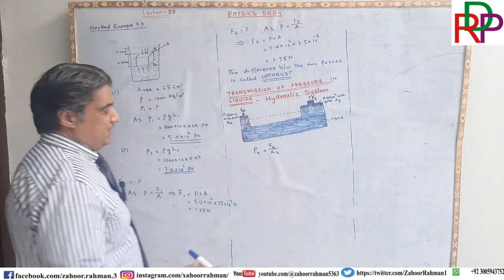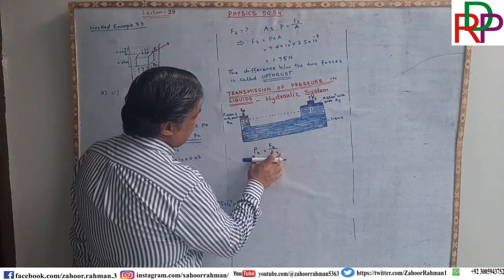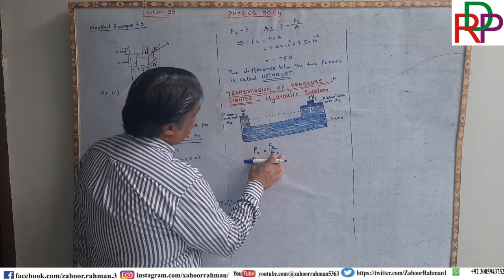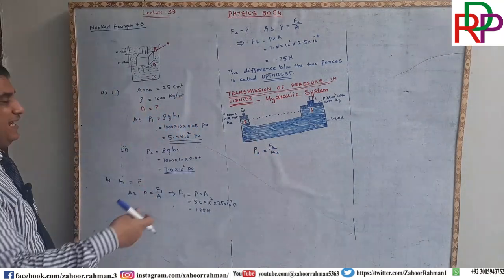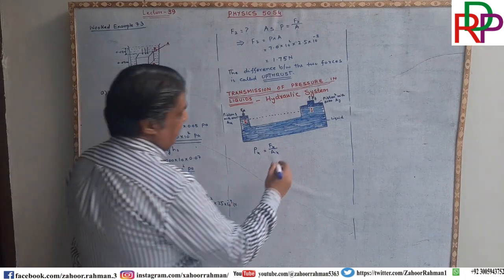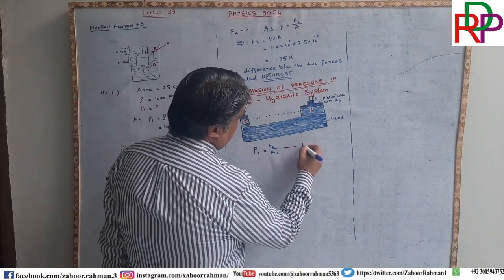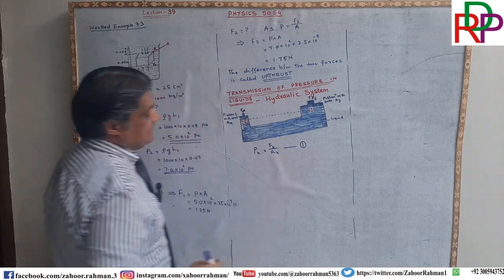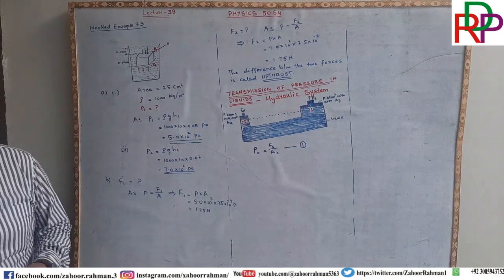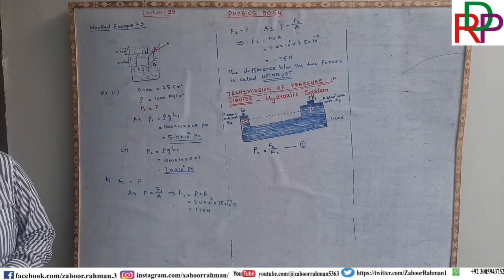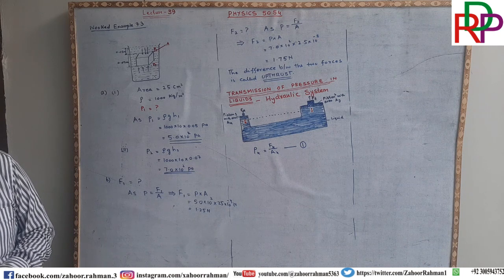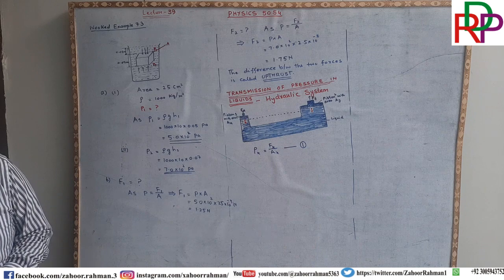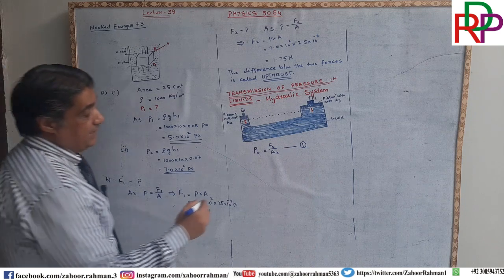But because we are specifying it for point X, we are labeling each point as X. P is labeled at X, and similarly F and A at X. Ladies and gentlemen, we know that Py is equal to Px.